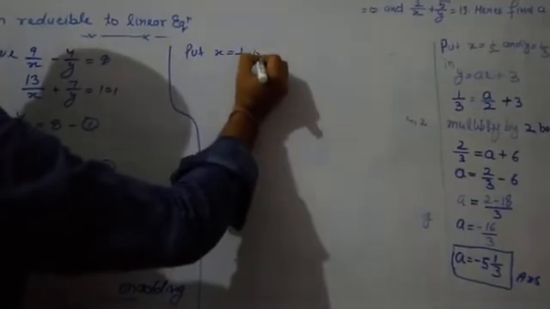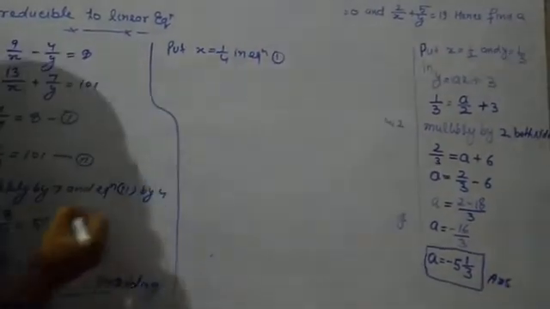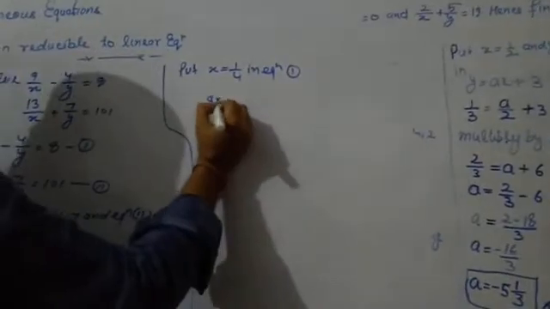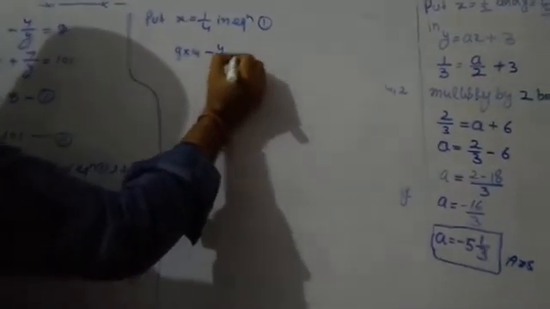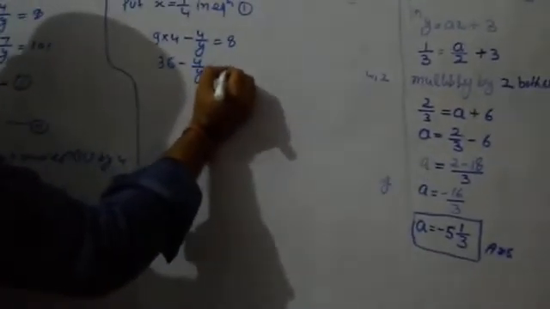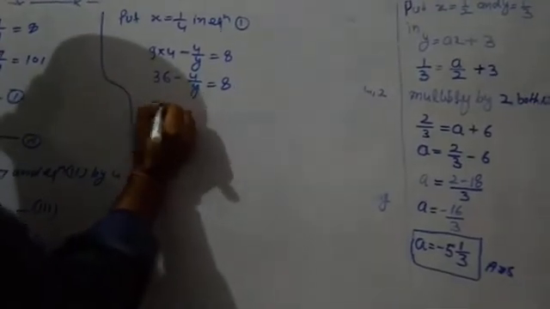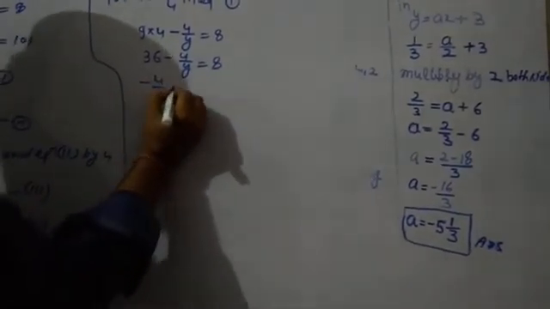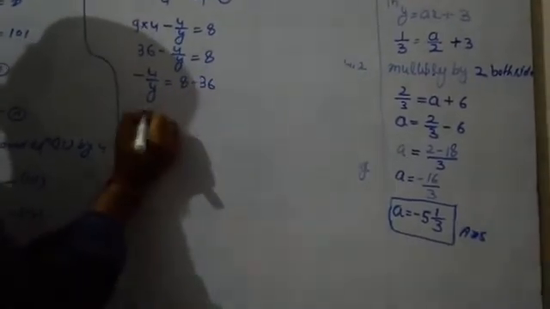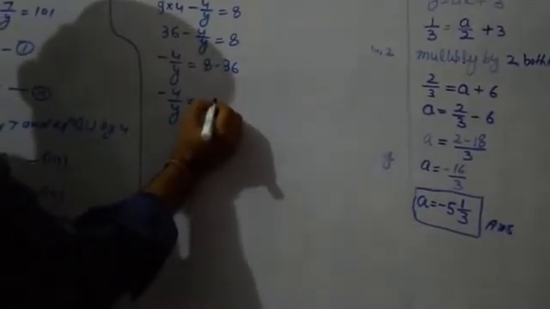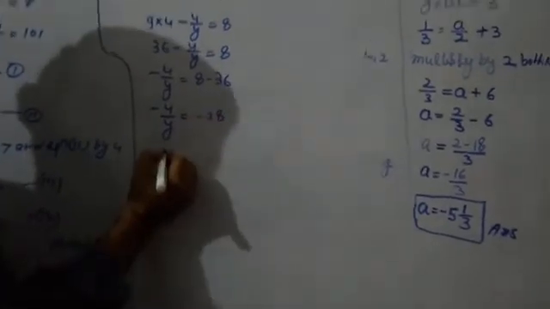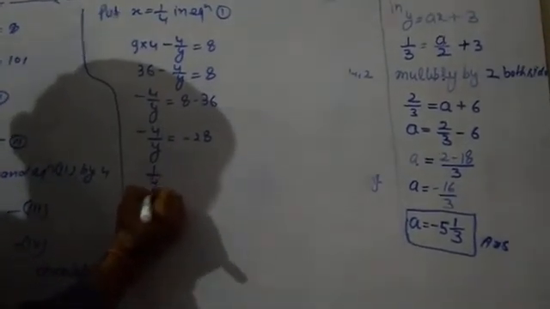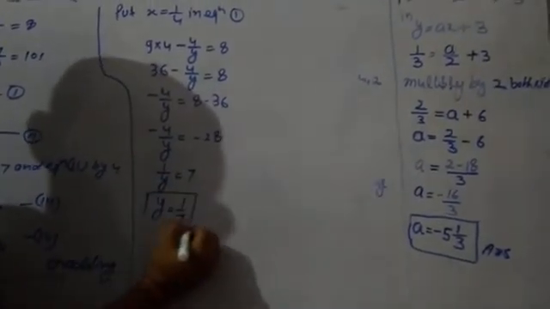Put x equal to 1 by 4 in equation 1. That becomes 9 into 4 minus 4 by y equal to 8. 36 minus 4 by y equal to 8, or minus 4 by y equal to 8 minus 36, minus 4 by y equal to minus 28. 1 by y equal to 7 or y equal to 1 by 7.